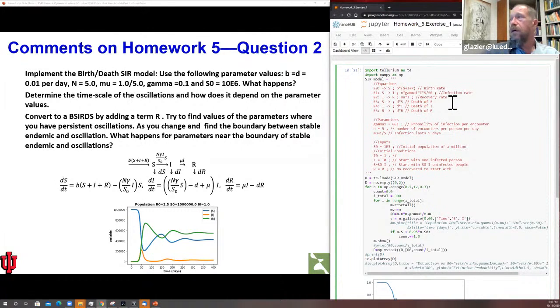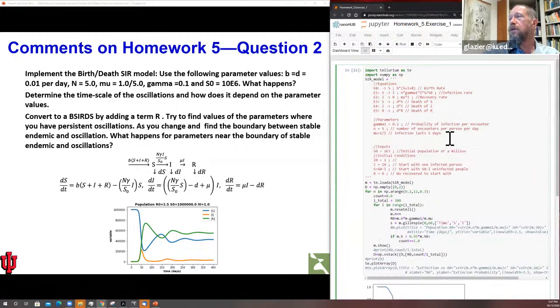Okay. And now we have to define 2 new parameters, which are the birth rate, B. And I said that that was supposed to be 0.01. Which, by the way, is ridiculously fast unless you're a cat, maybe.